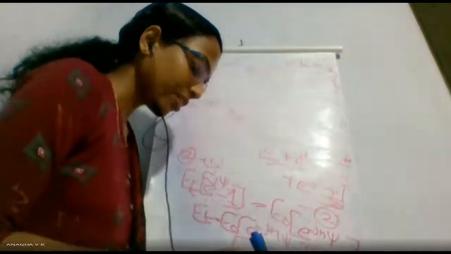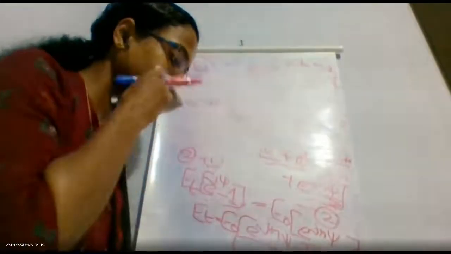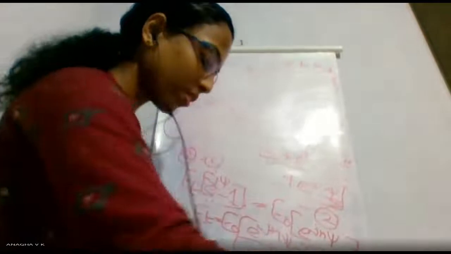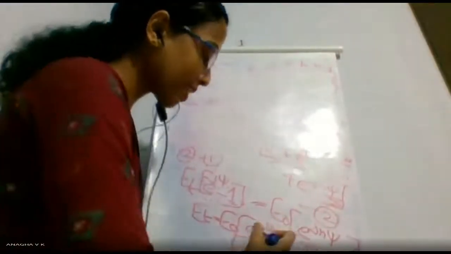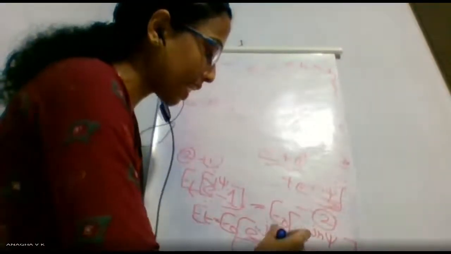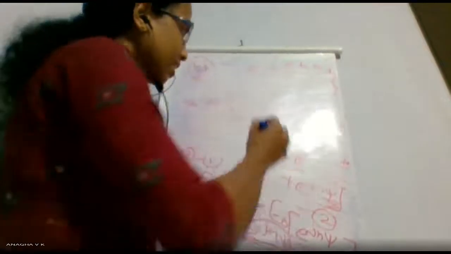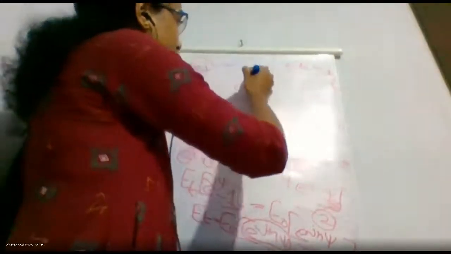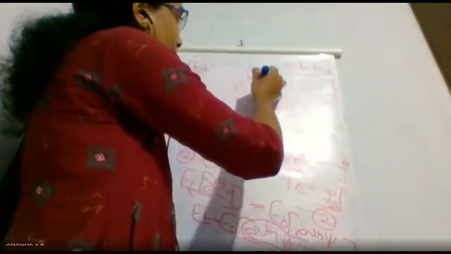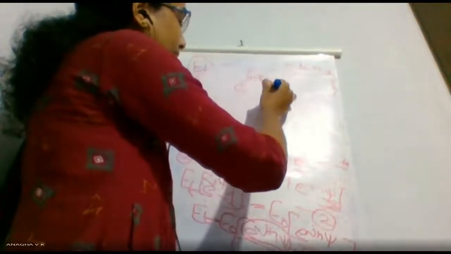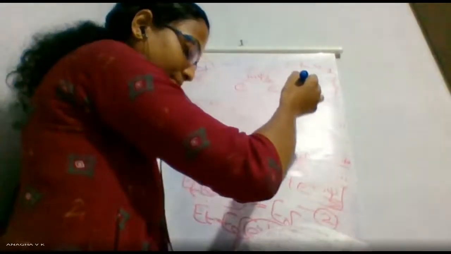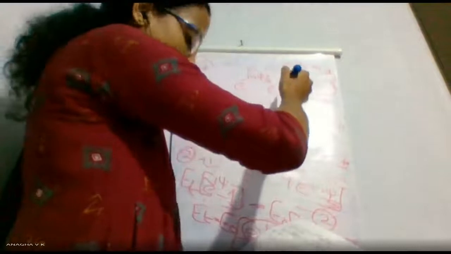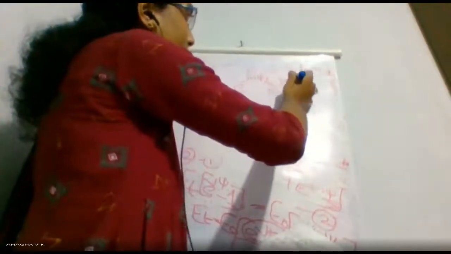So next equation is what? So this e raised to j n psi, how can we write? e raised to j n psi by 2, e raised to j n psi by 2.